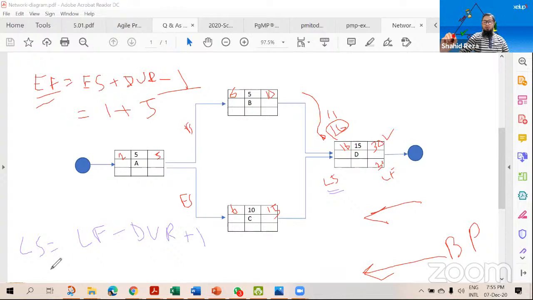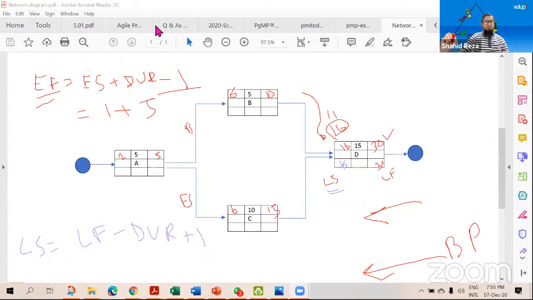This will be the formula for finding out the late start. So for this task, 30 minus duration 15 gives 15, plus 1. That means this will be 16. So for this task, late start will be 16.